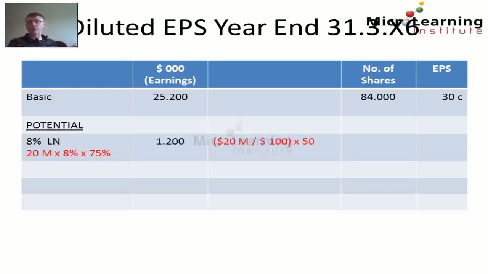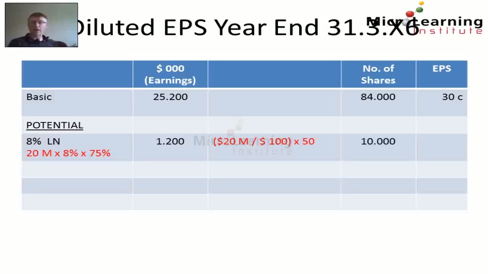Similarly, if the loan note is redeemed, the terms of the redemption is that we issue 50 shares for every $100 of loan note. So there we see the calculation, looking at the total $20 million of loan note, dividing it by $100 to see how many $100 units are in it, and multiplying it by 50 shares. And the number of shares that will have to be issued is 10 million shares.